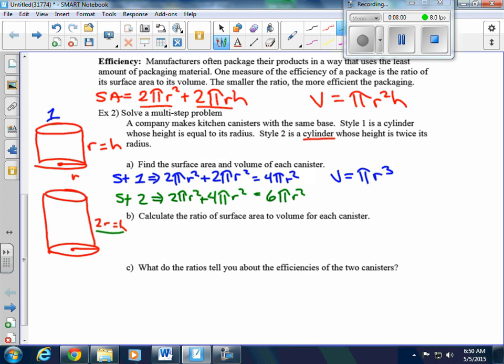And if we do the volume, again, we're going to put it into the volume formula, and instead of h, we're going to put 2r. So the volume is going to equal 2 pi r cubed.